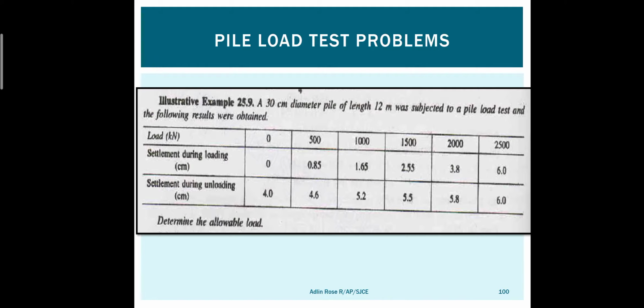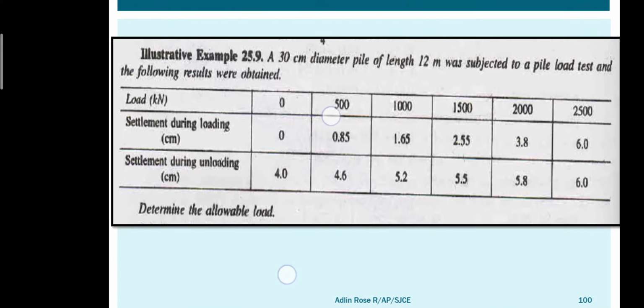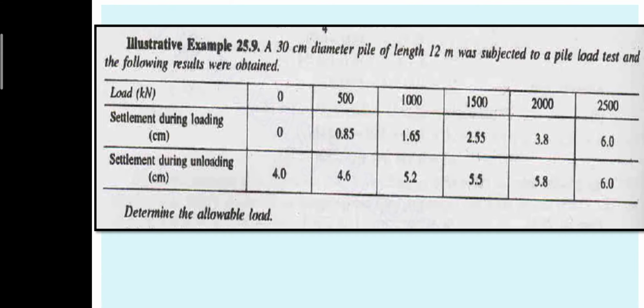There is a formula: settlement during unloading minus initial settlement during unloading. For example, initial settlement during unloading is 4, when the load was 0, the settlement during unloading was 4.